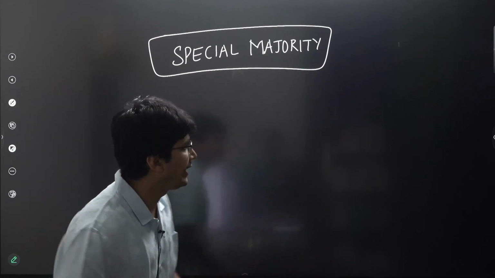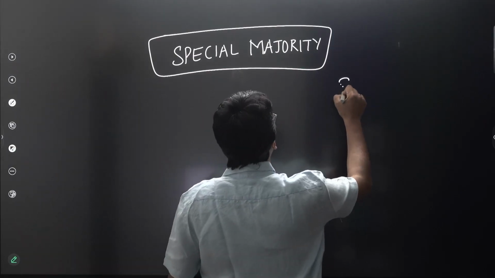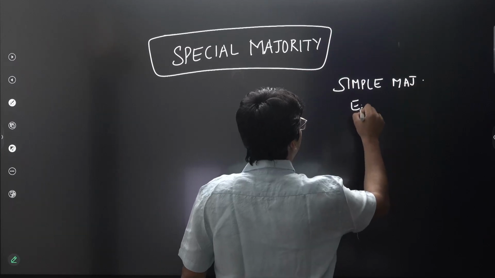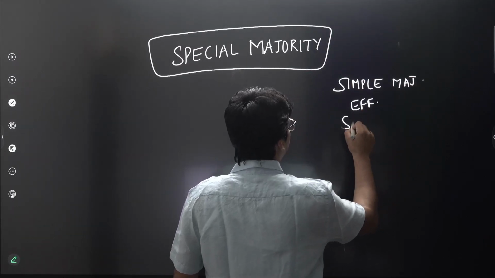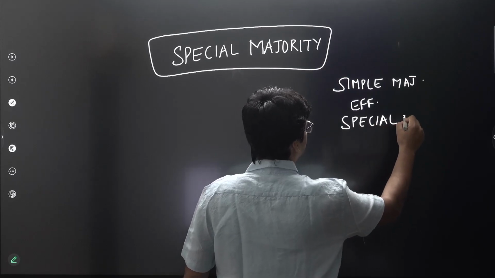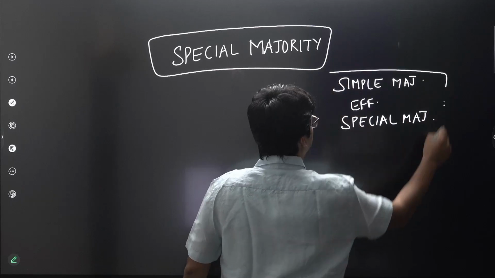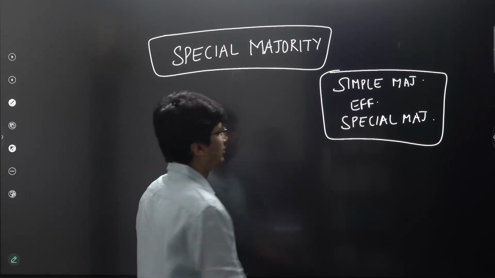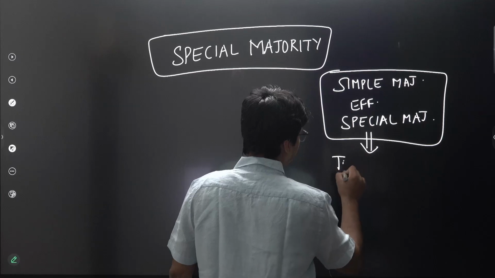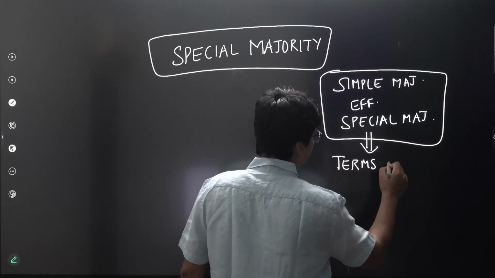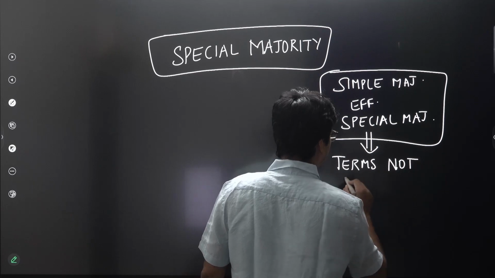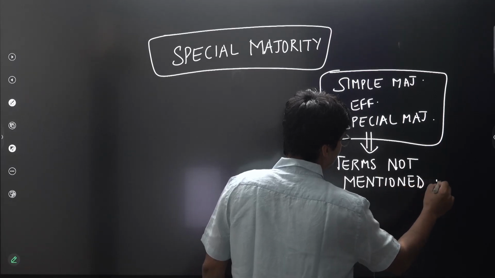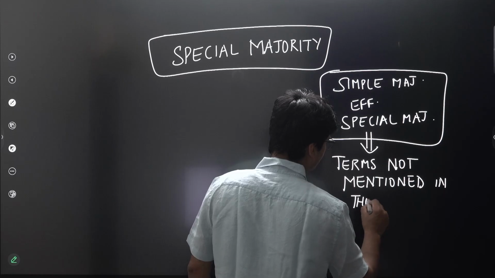I am telling you outright, terms like simple majority, effective majority, special majority are not mentioned in the constitution. Rather, how they become operative is mentioned. So this can also be asked in your exam. Please understand this.